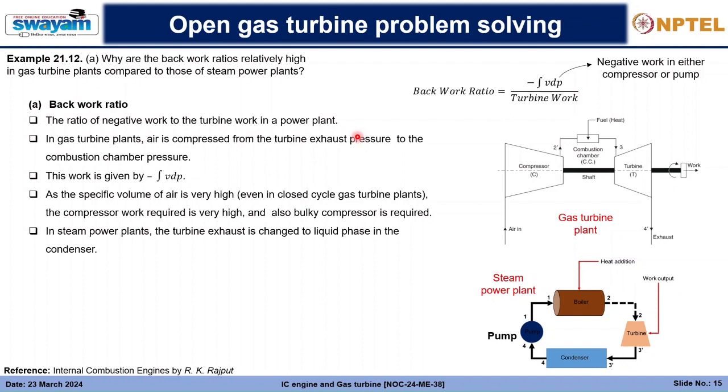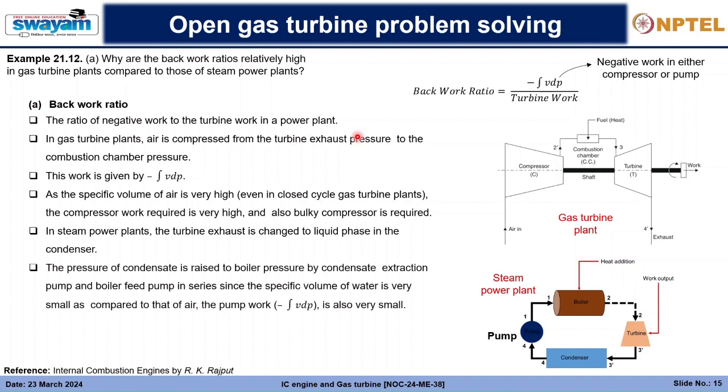Hence, the pressure in the condenser is raised to the boiler pressure by the condenser extraction pump and the boiler feed pump in series. And the specific volume of water is very small compared to that of air. Hence, the pump work is also small, or the negative work is also small. If this negative work is small, then the back work ratio is also small.